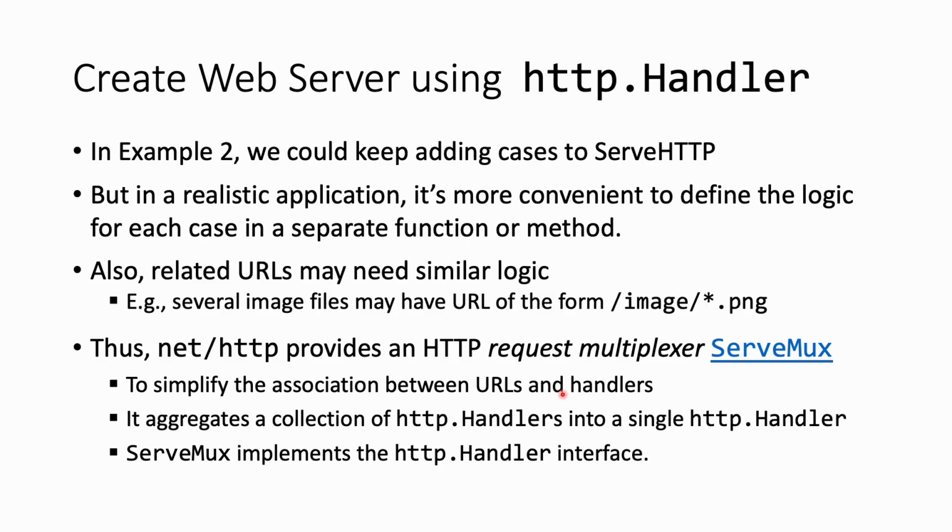ServeMux aggregates a collection of http.Handler instances into a single http.Handler instance. ServeMux is a predefined type that implements the http.Handler interface. So we can use a ServeMux instance as the second argument to the ListenAndServe method instead of implementing http.Handler by ourselves.